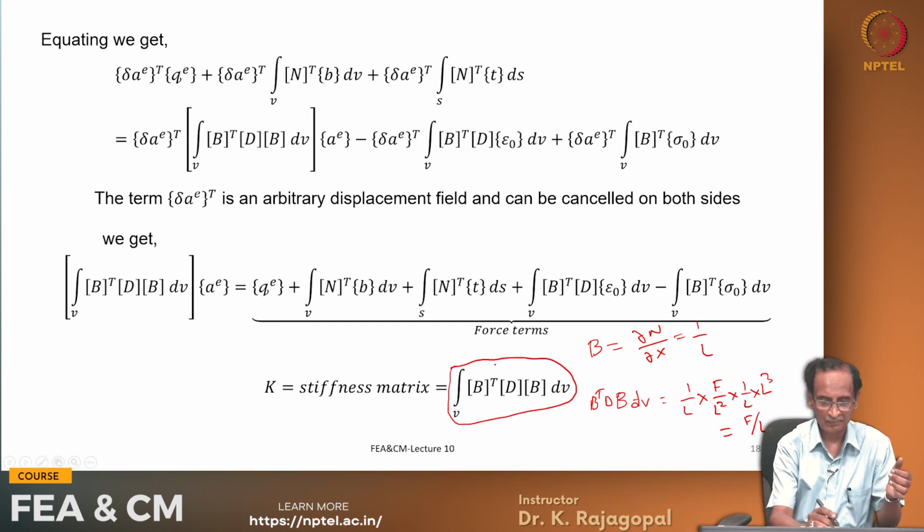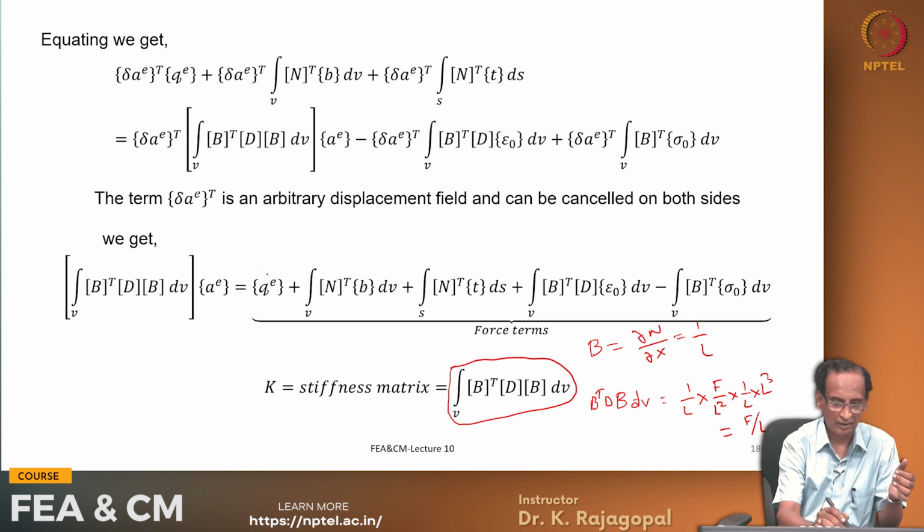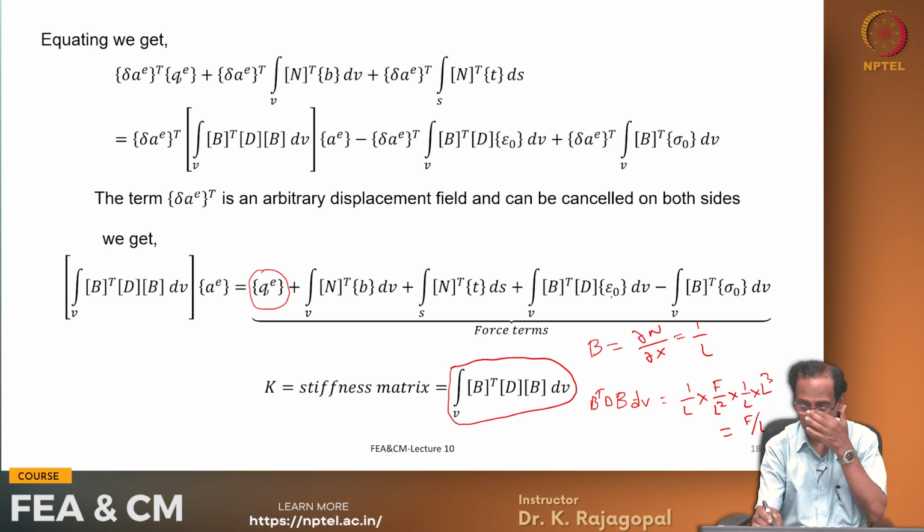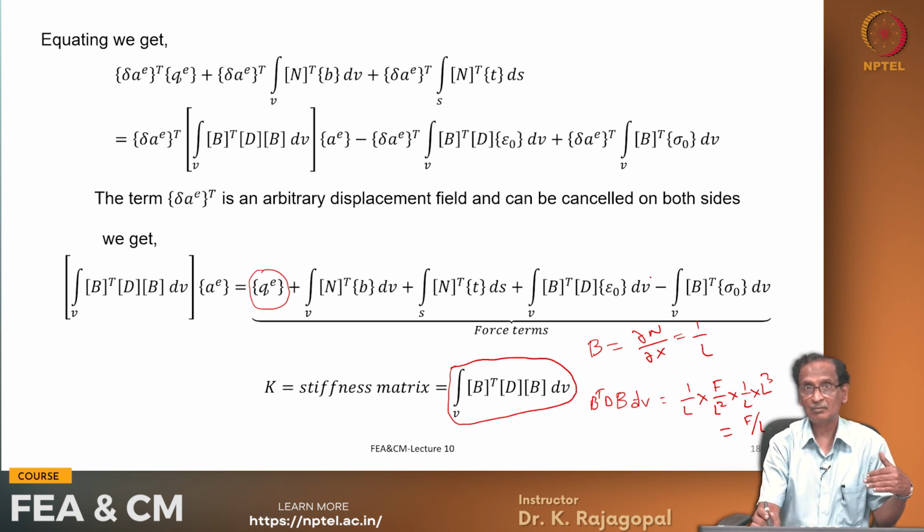On the right hand side we have all these quantities. This is our Q E, the vector of applied forces. N transpose B is the force vector due to the body weight, and N transpose T is because of the surface pressures, and this epsilon naught is the force vector due to the initial strains.